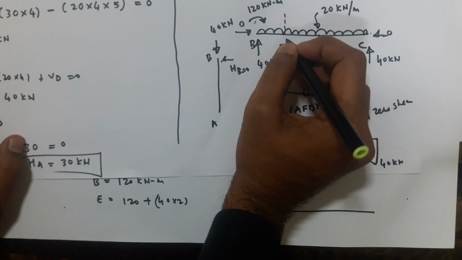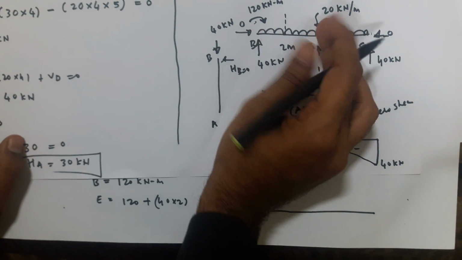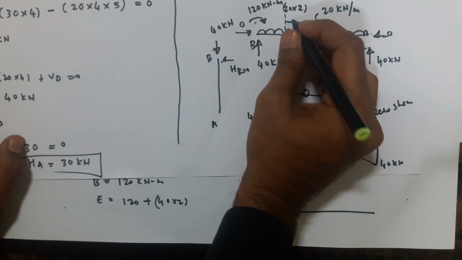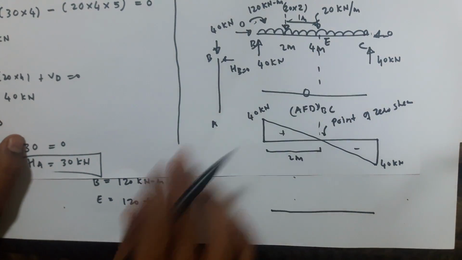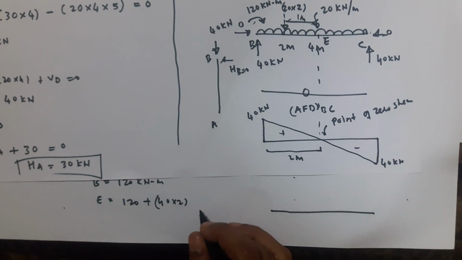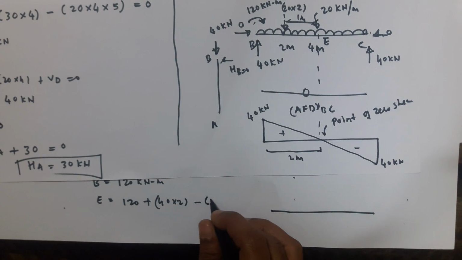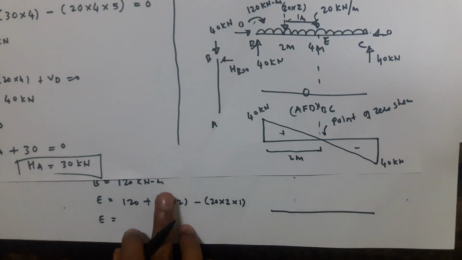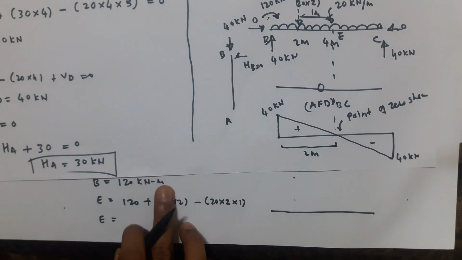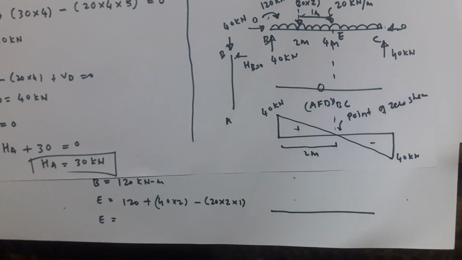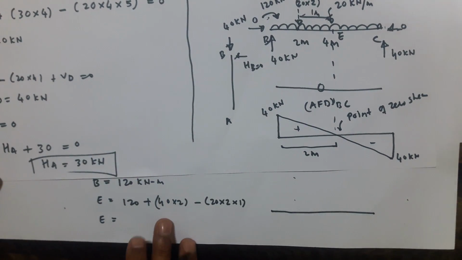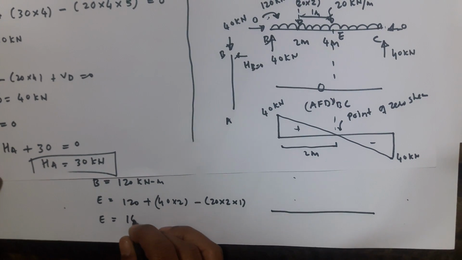The total load of the UDL is acting at the center of this span. So 20 into 2 into 1, and this is creating an anti-clockwise moment. So minus 20 into 2 into 1. So bending moment at E is 160 kilonewton meter.